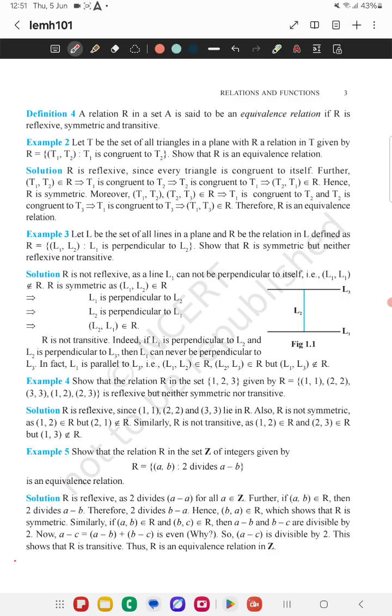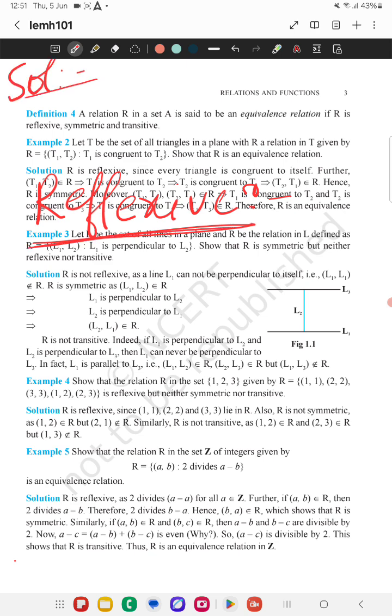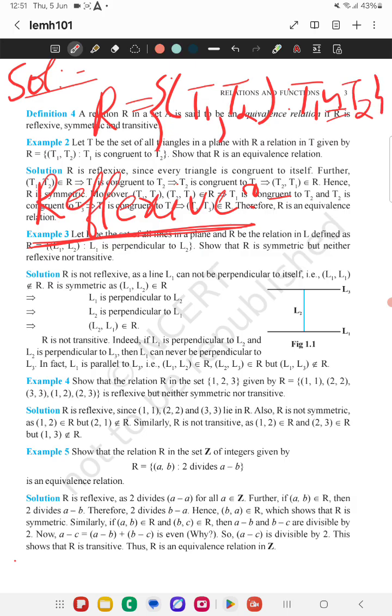So firstly, I will take the case of reflexive. Before starting the question, firstly you have to write the relation R equals {(T1, T2) such that T1 is congruent to T2}.